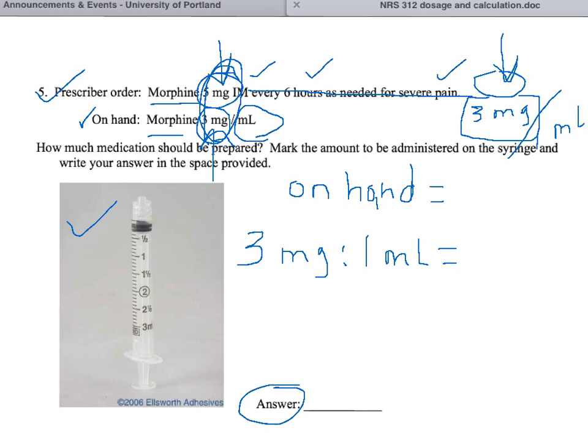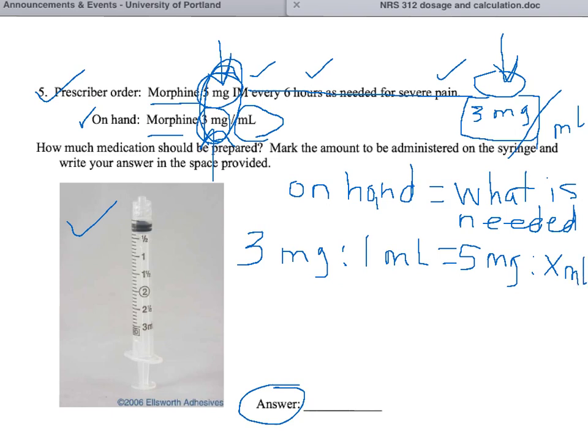And then on the right side of the equation, you write down what you need. What is needed is 5 milligrams, but we don't know how many milliliters that is.